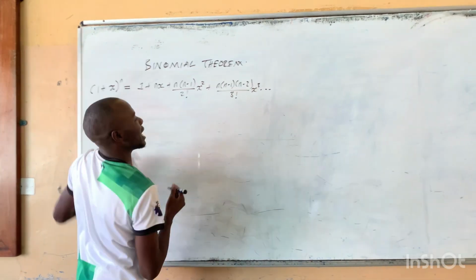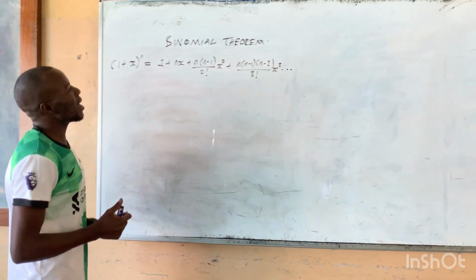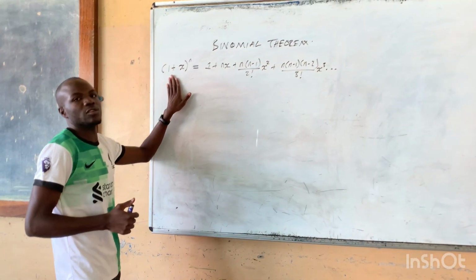It can continue going like that. So this is what we call binomial theorem, as long as your binomial expansion is in this form.